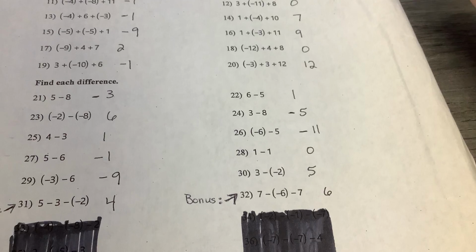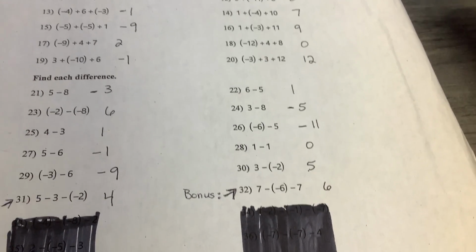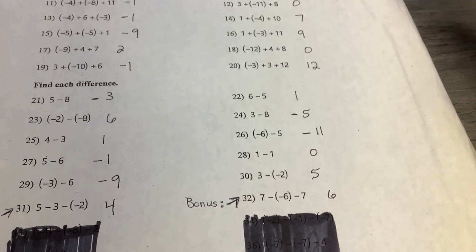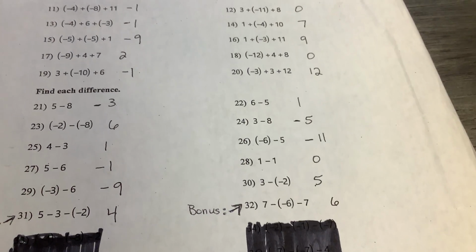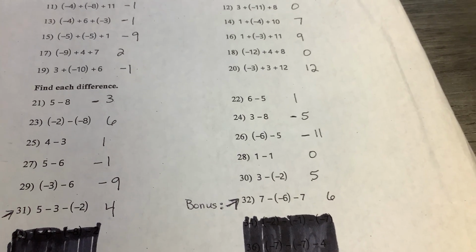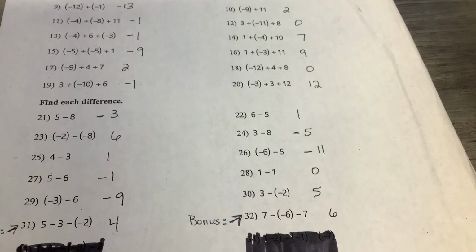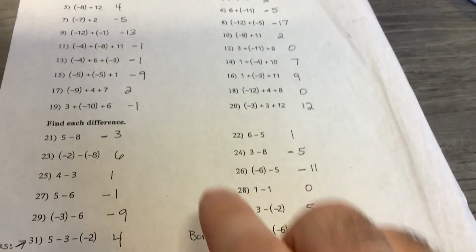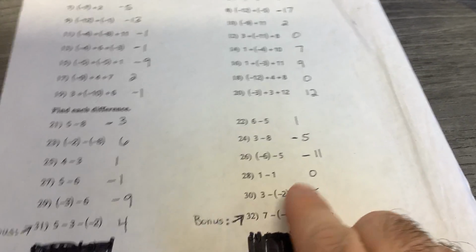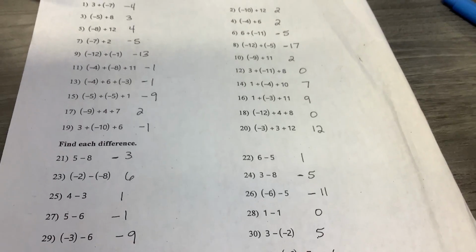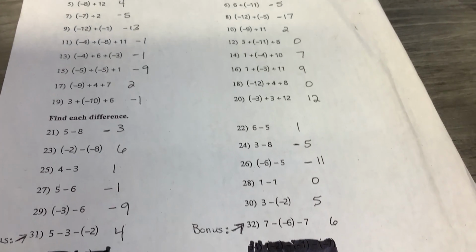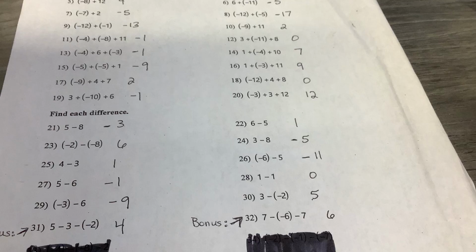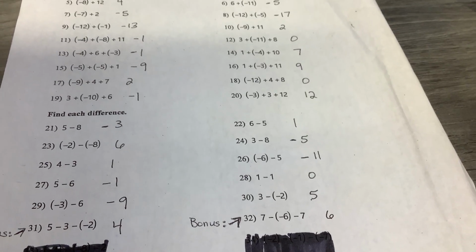And some of you guys got everything and the bonus, so that's why you saw a little bit higher score than 100, maybe a 101 or 102, I think. So you can check those. Example, 3 minus negative 2 is 3 plus 2, which is 5. So go through, check those, and check your work, okay?